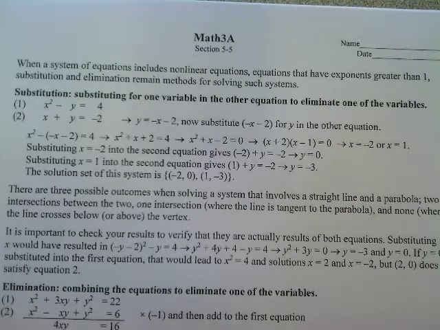Now, it's also possible that they could still intersect at one point if it's what's called a tangent. Or, in other words, the point of intersection is the vertex of the parabola and the straight line. Or we could, of course, have no solution because the entire line is either below the vertex if it opens upward or above the vertex if the parabola opens downward. So that's what this section is about, how to solve these particular problems.